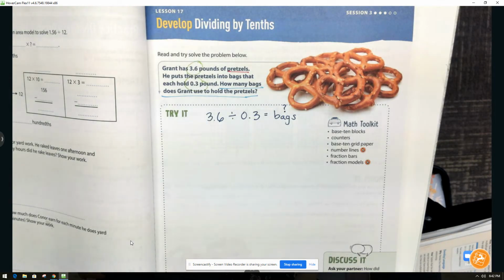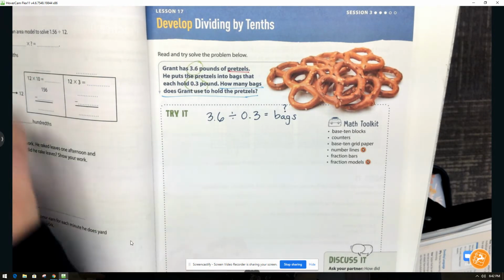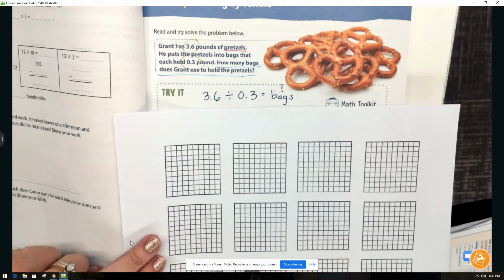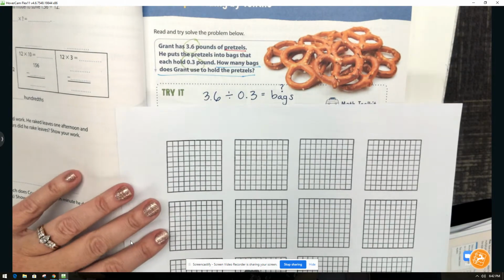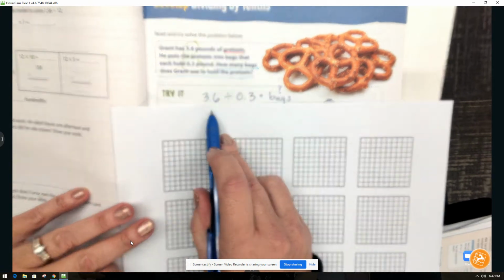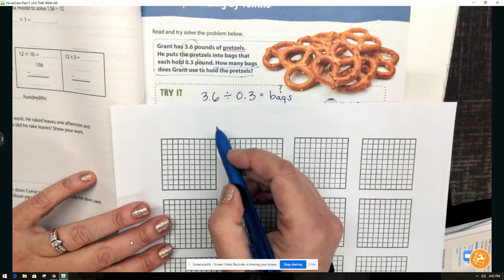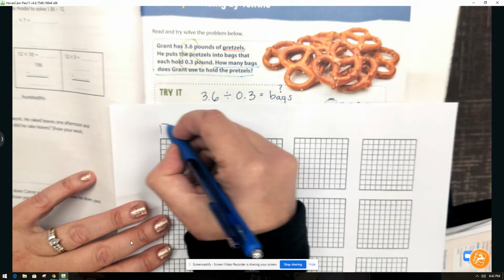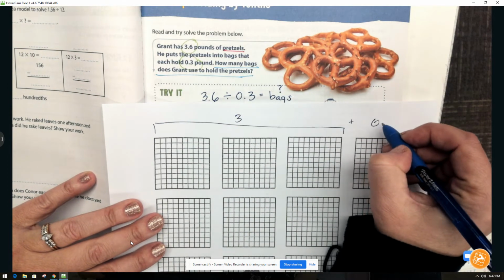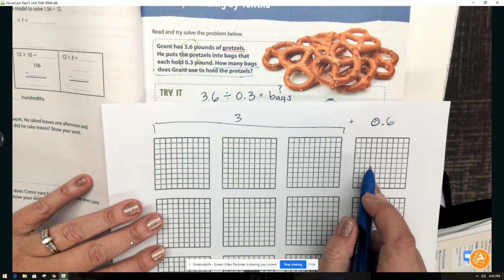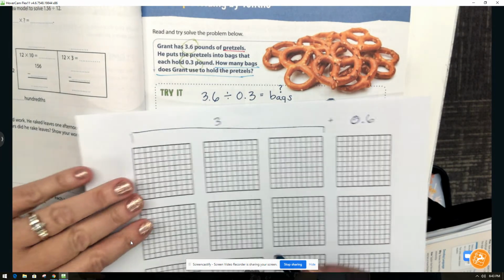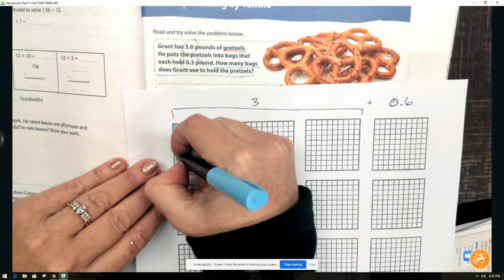So to do this, there's a few different ways we could do it. But my favorite method, because you know how much I love to highlight, is to use these decimal grids. So I'm going to use this to show what 3 6/10 of a pound looks like. So 3 would be these 3 grids, plus 6/10 of this one here. Watch.